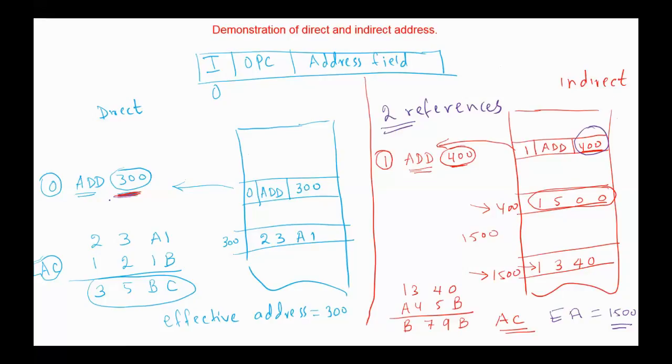Before leaving this screen, in direct addressing, after fetching the instruction, we have to access memory one time to read the operand. And in indirect addressing, after fetching the instruction, we have to access memory 2 times. The first time to fetch the address of the operand, and the second time to read the operand itself.